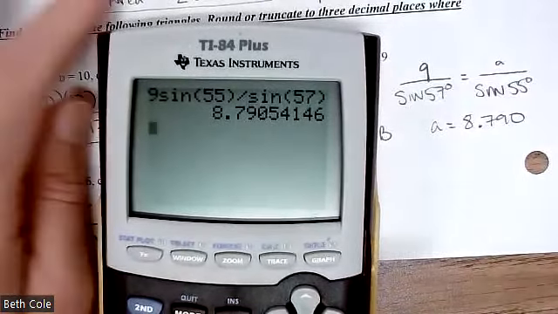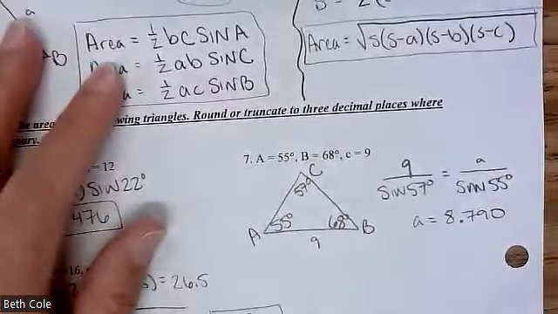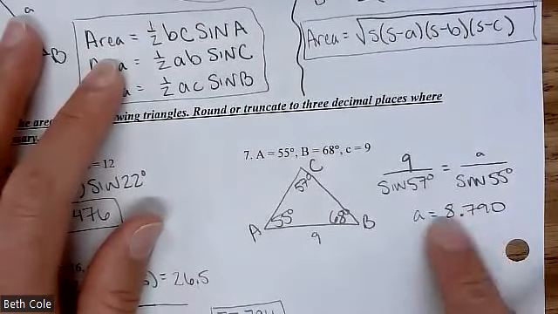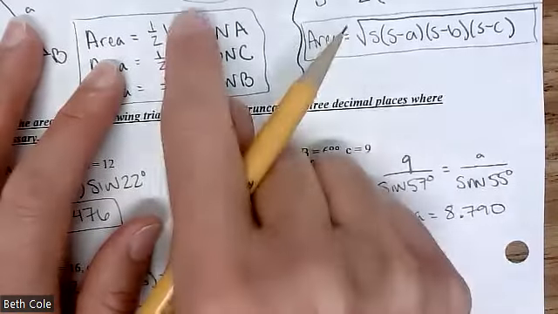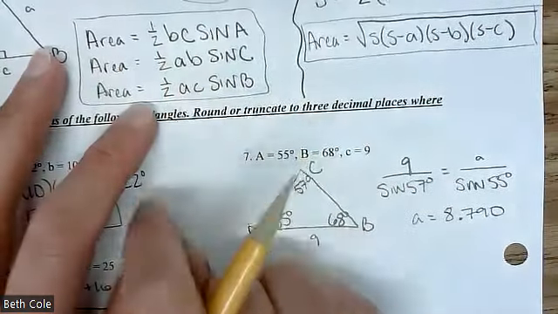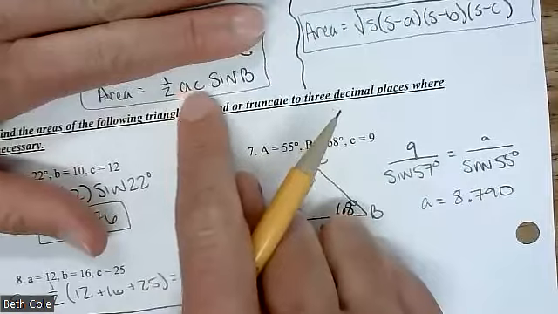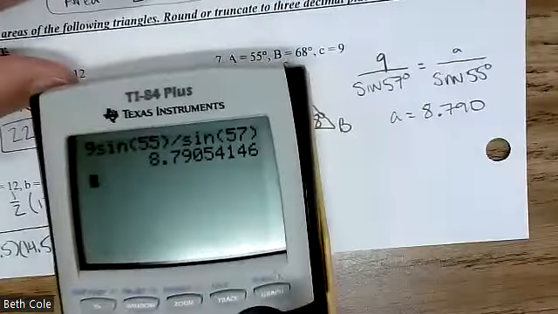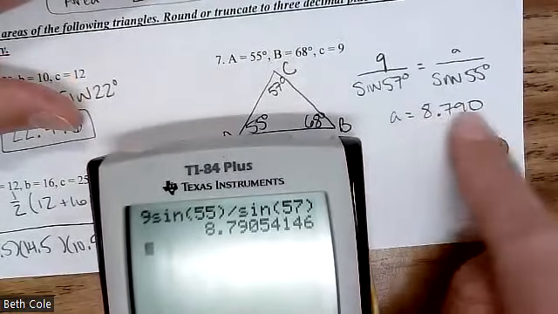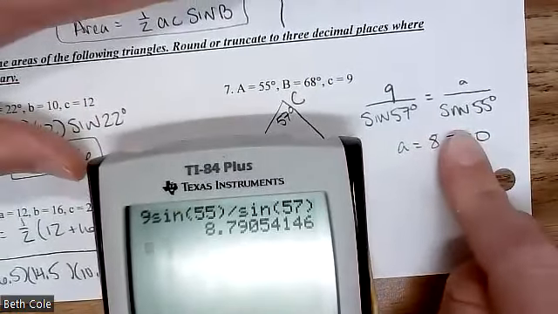Now let's think about which version of this we want to use. We have little a, and what other side do we have? Little c. So do we want version 1, version 2, or version 3? Do you see how the third one has a and c, the little ones? Here's what you're going to type. You have that A in your calculator already.